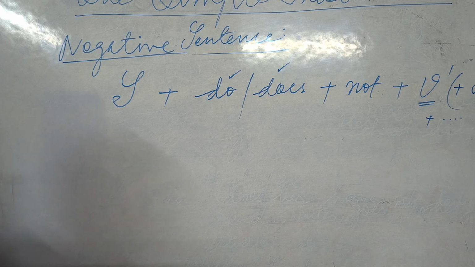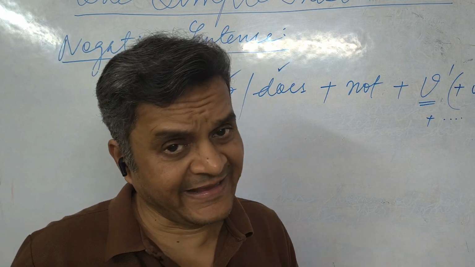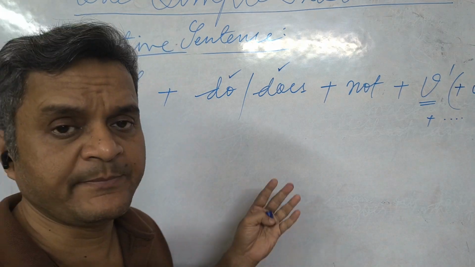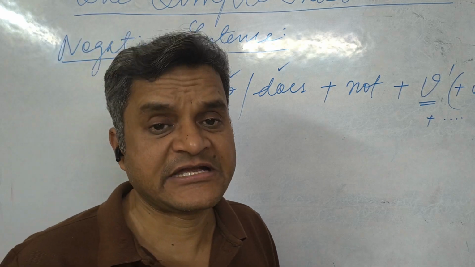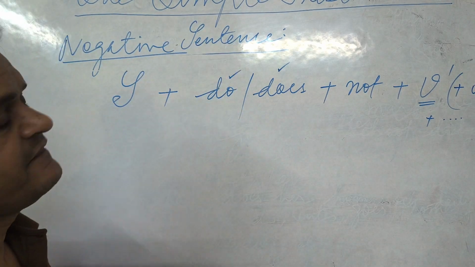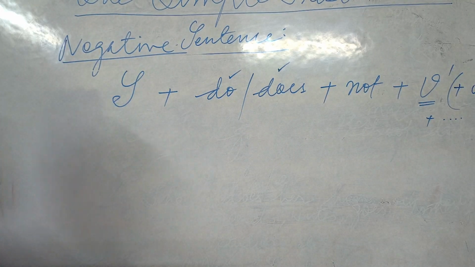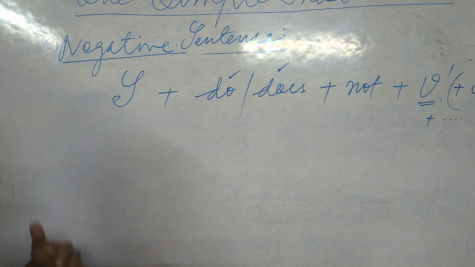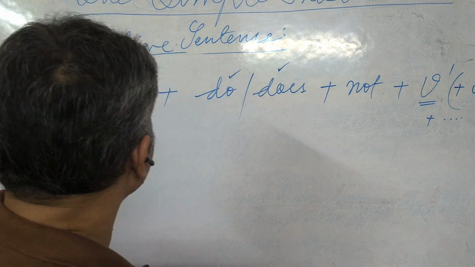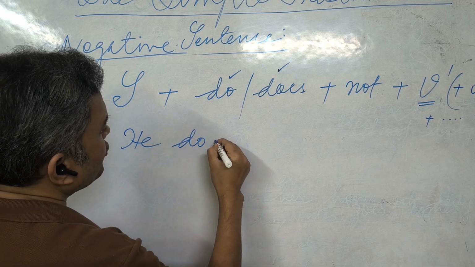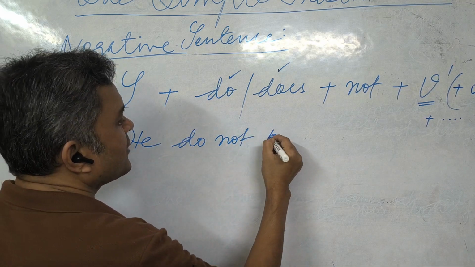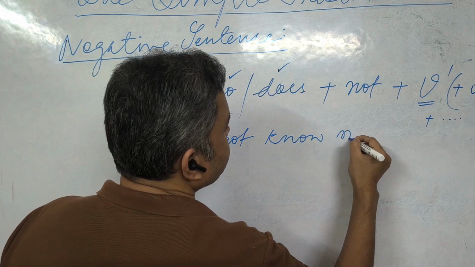Now, what are the mistakes which most people make while making negative sentences in this tense? For example, they will say, "He do not know me."